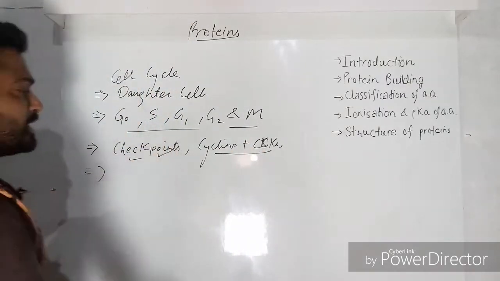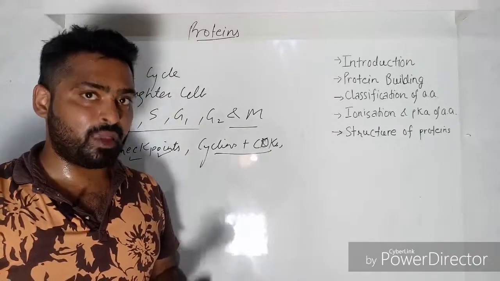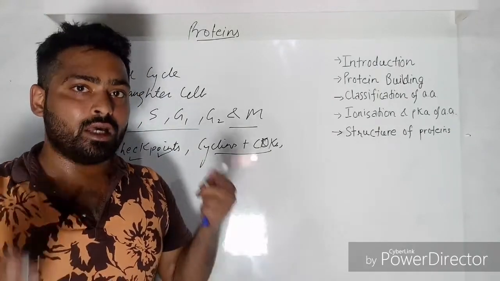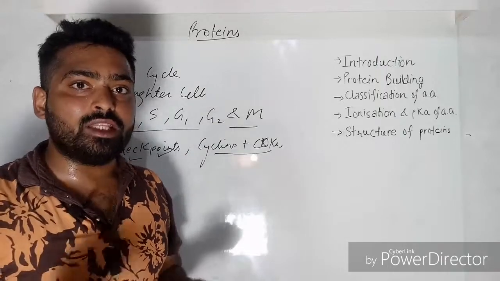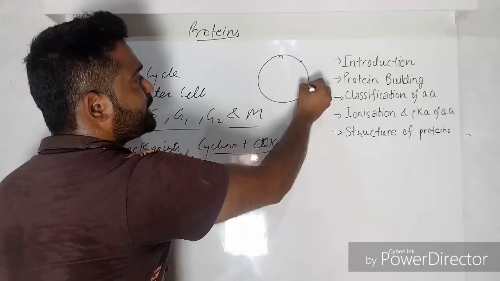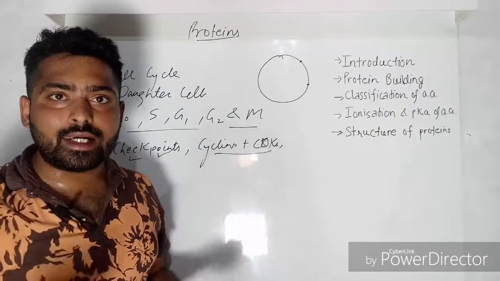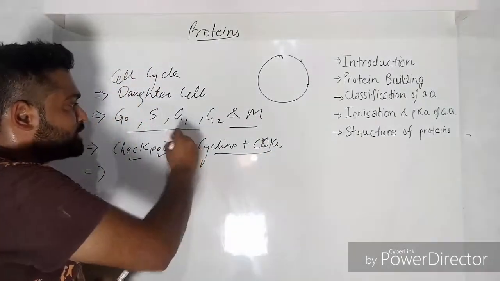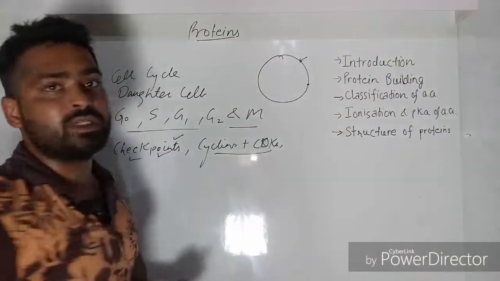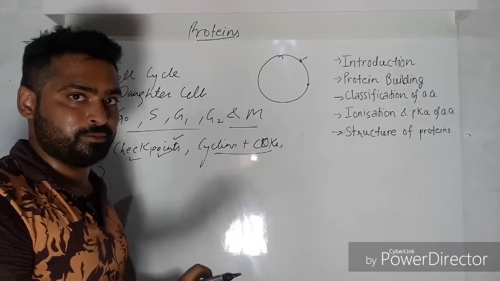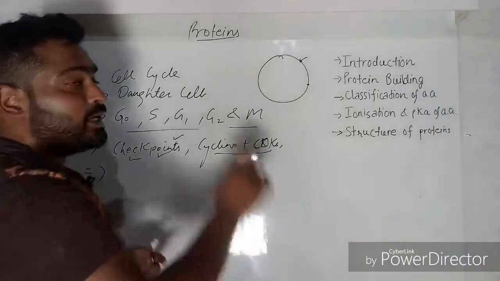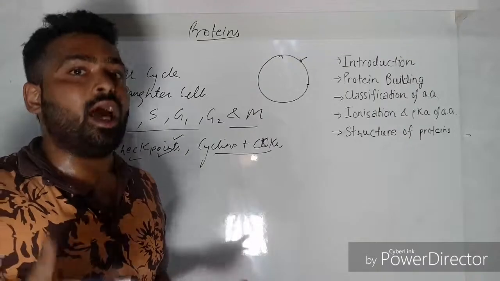A checkpoint is a regulating protein which stops, hinders or simply does not allow the progression of one stage to the other stage unless and until this checkpoint protein is sure that the previous stage has been completed. In this way it is making sure that the cell is not committing any error.